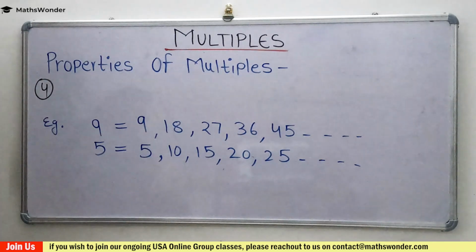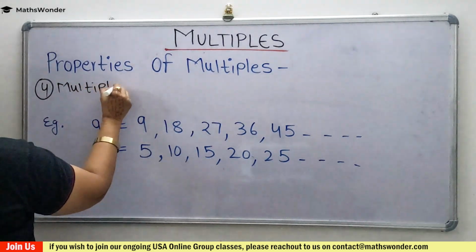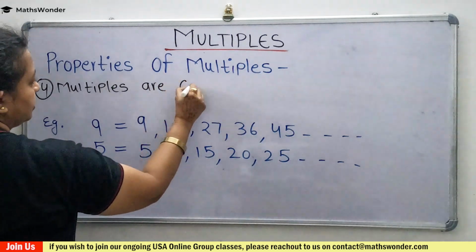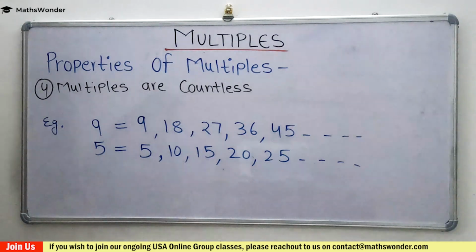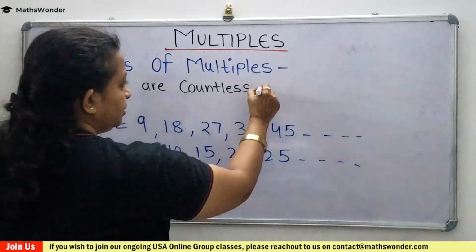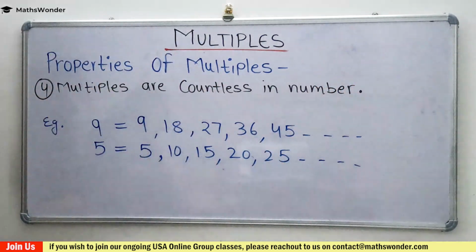Okay, so the fourth property is multiples are countless in number. What is the meaning of countless in number? You can't count it. It is unlimited. The number of multiples of a given number is infinite. The number of multiples does not end.